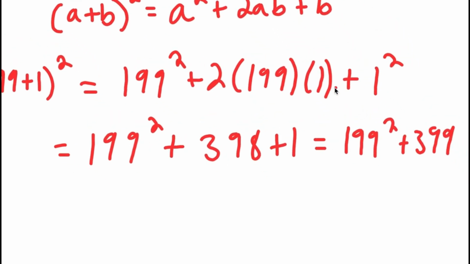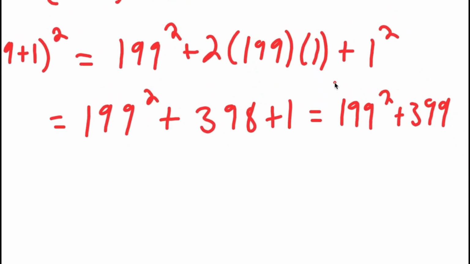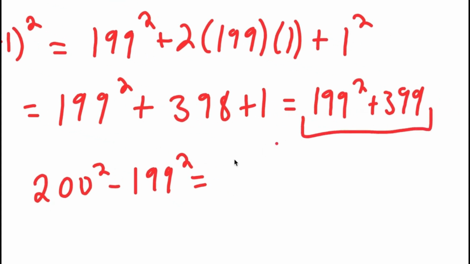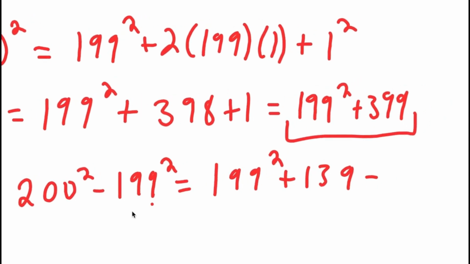So this means that 200 squared minus 199 squared is equal to, well, this right here is 200 squared, so 199 squared plus 139. And now I have this minus 199 squared.